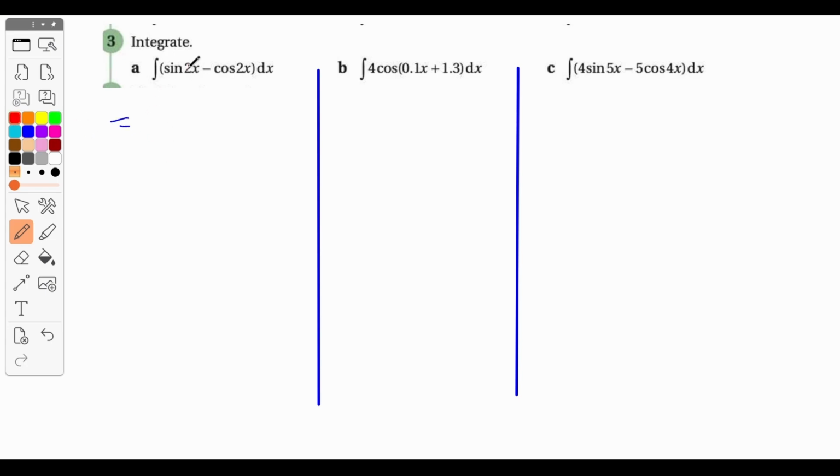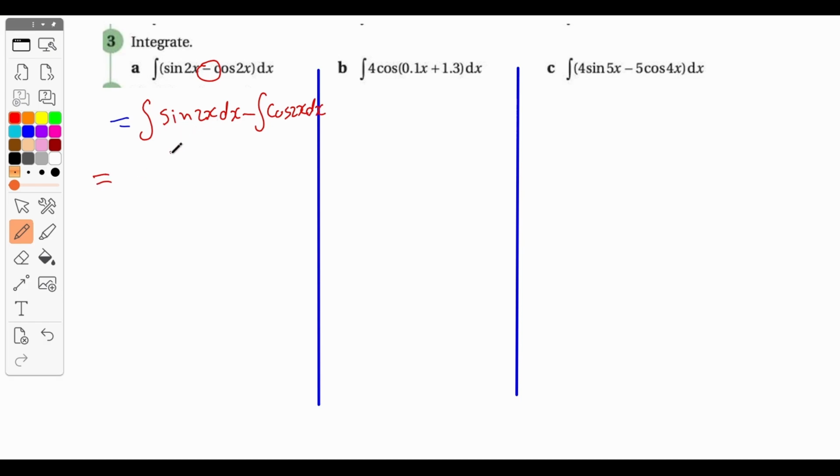I mean, we can write this one as the integral of sine 2x dx minus the integral of cosine 2x dx, because here there is a minus.